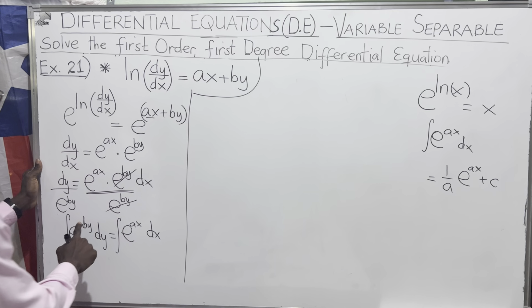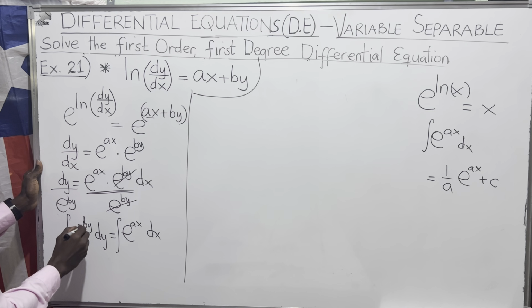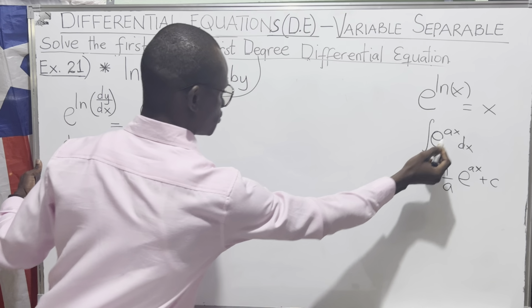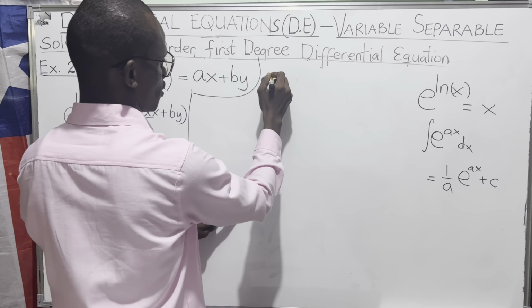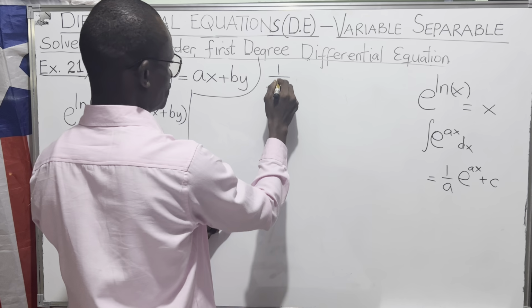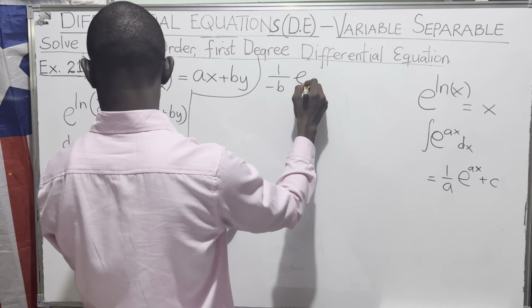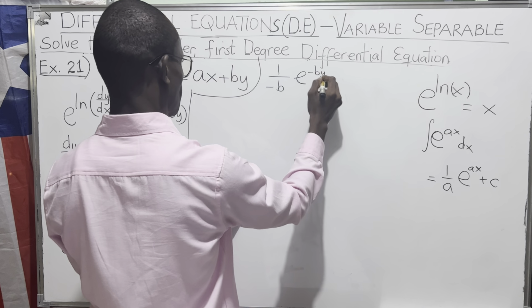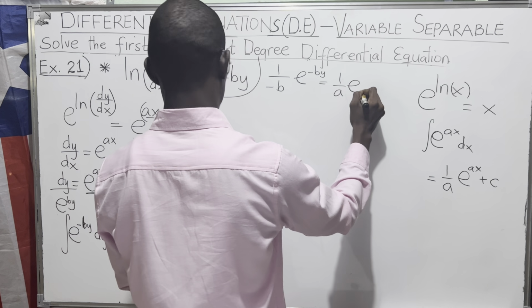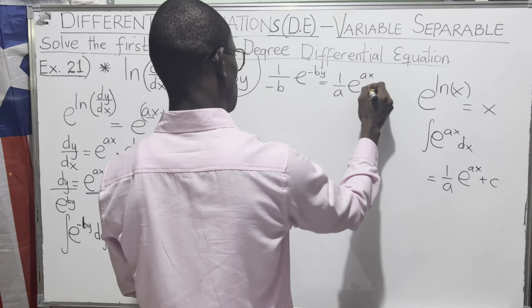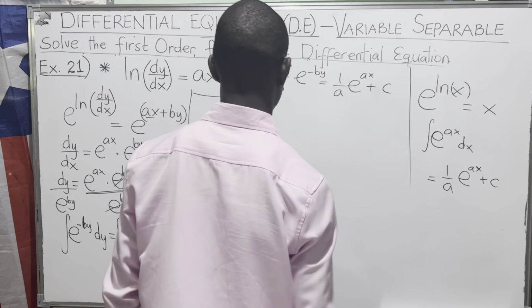So now this a that is right here is represented by minus b. So you have 1 over minus b e raised to minus by equals 1 over a e raised to ax plus some arbitrary constant c.